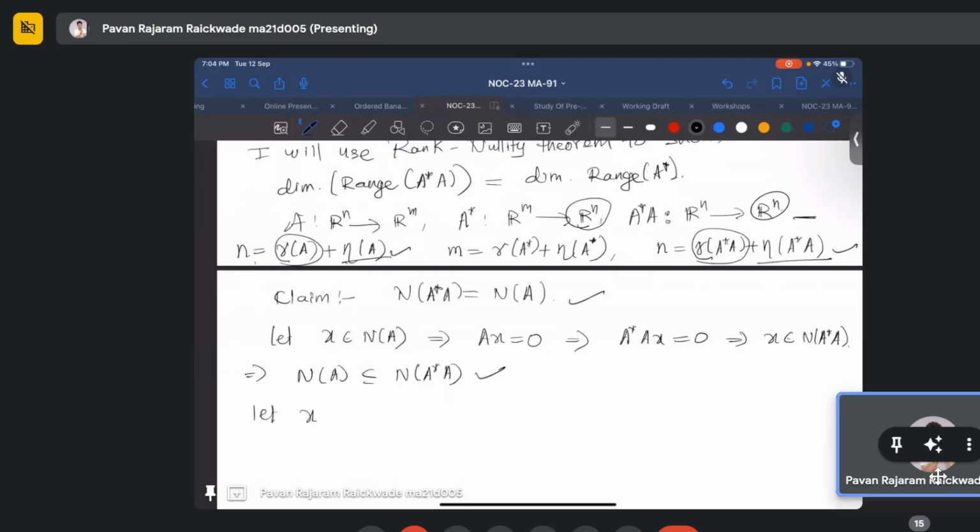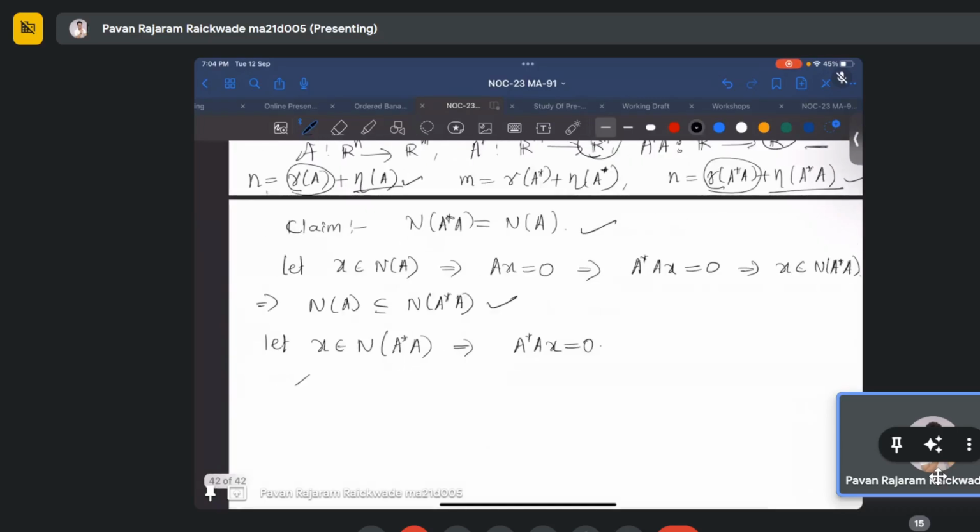Other part. Now let X belong to the null space of A star A. This implies A star AX is 0. Now consider the norm of AX squared. This can be written as the inner product of AX with AX, which is the inner product of X with A star AX, and A star AX is 0.